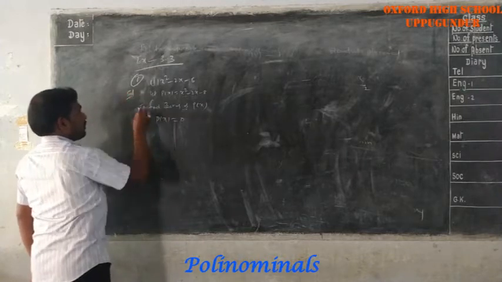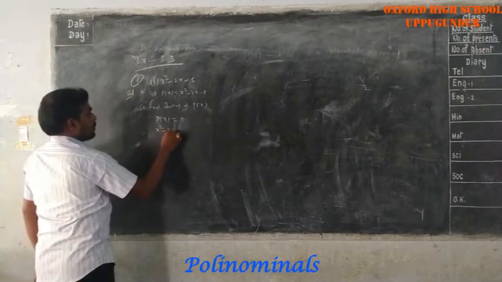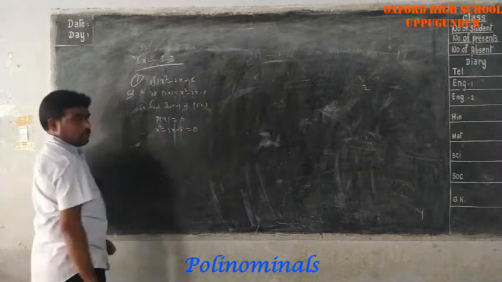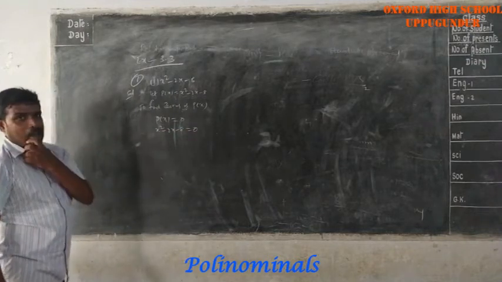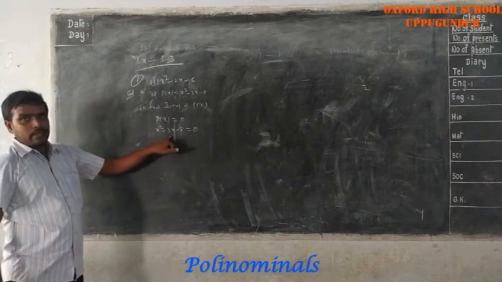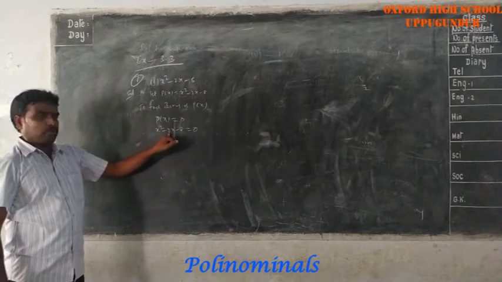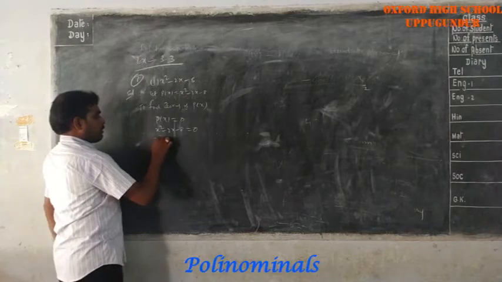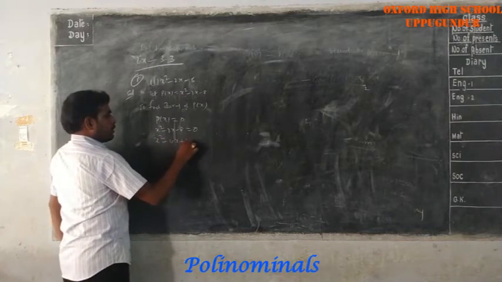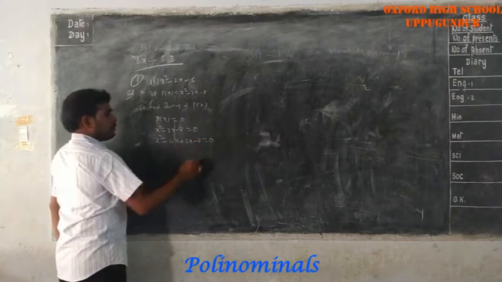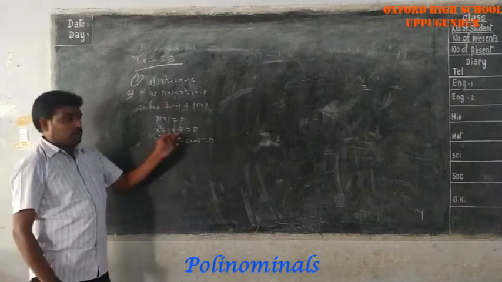What is p of x here? X square minus 2x minus 8 equal to 0. Now factors for 8. 4 twos are 8, 4 minus 2, 2 you will get. So x square minus 4x plus 2x minus 8 equal to 0. So in this way you have to factorize.